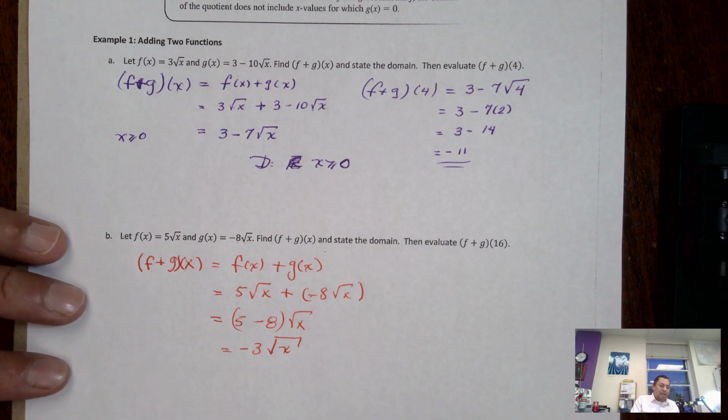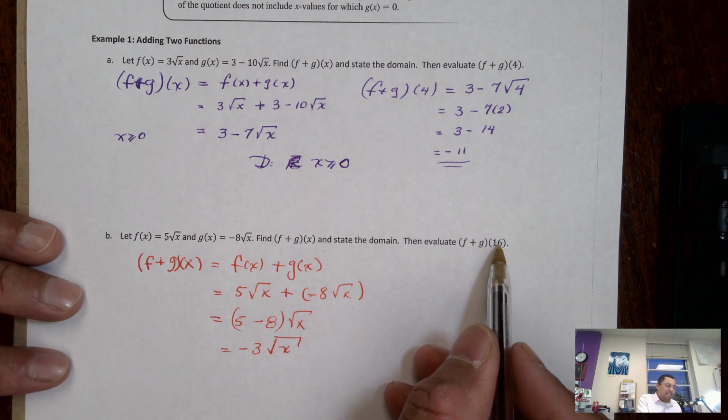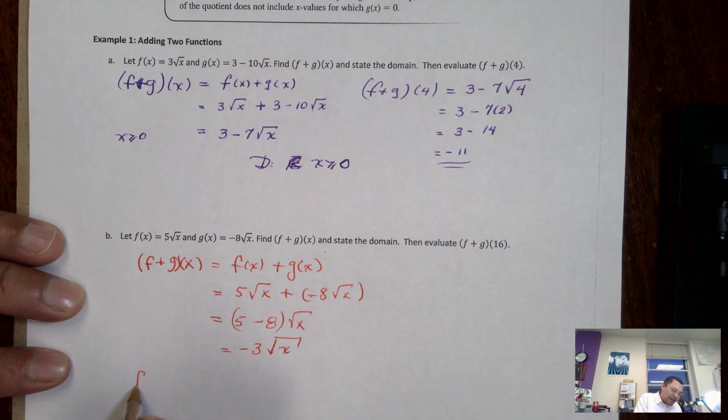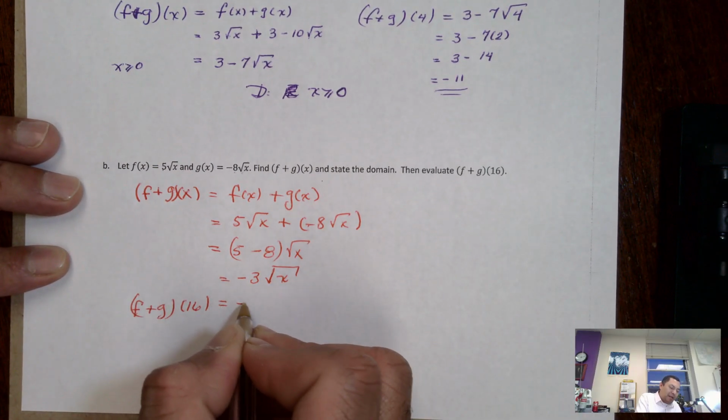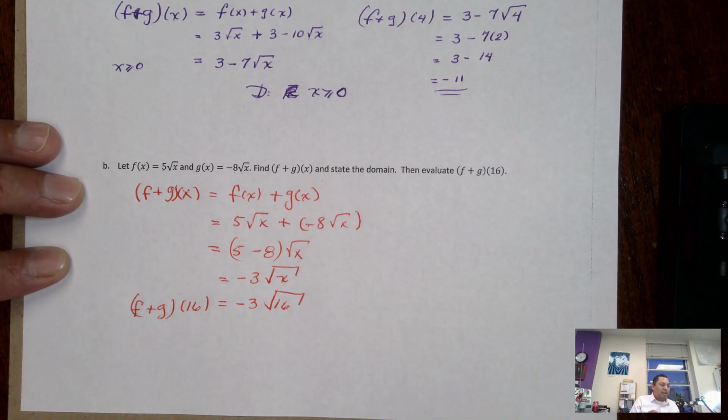That's your function. Now they're asking me to do f plus g of 16. So I'm going to have f plus g of 16. So this is equal to negative 3 square root of 16. I know that in this case, square root of 16 is 4.